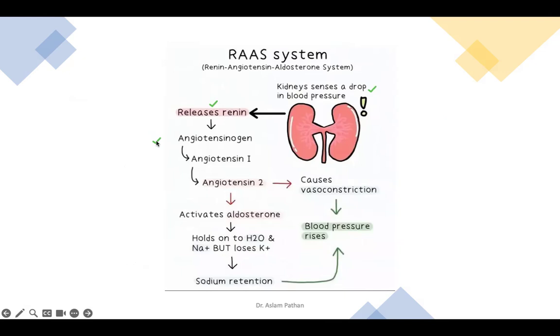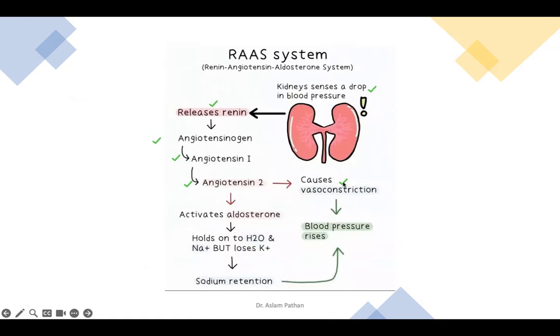This angiotensinogen forms angiotensin 1, and this angiotensin 1 converts to the angiotensin 2. And angiotensin 2 is a potent vasoconstrictor.